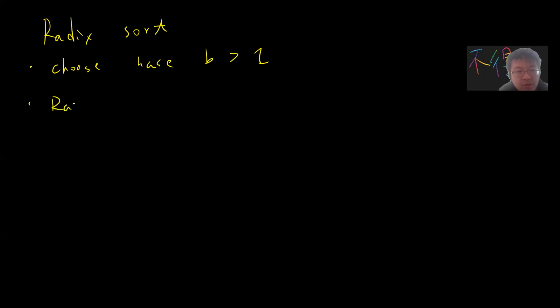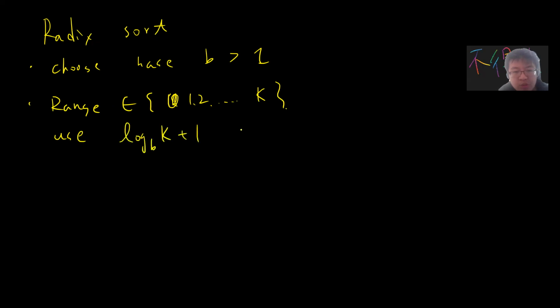Okay, another linear sort that is also usually used is radix sort. This sort is very interesting. The idea is that you first choose base b, where b should be greater than 1, and let's say you have a range from 1 up to k. Each number you can represent using log base b of k plus 1 digits.